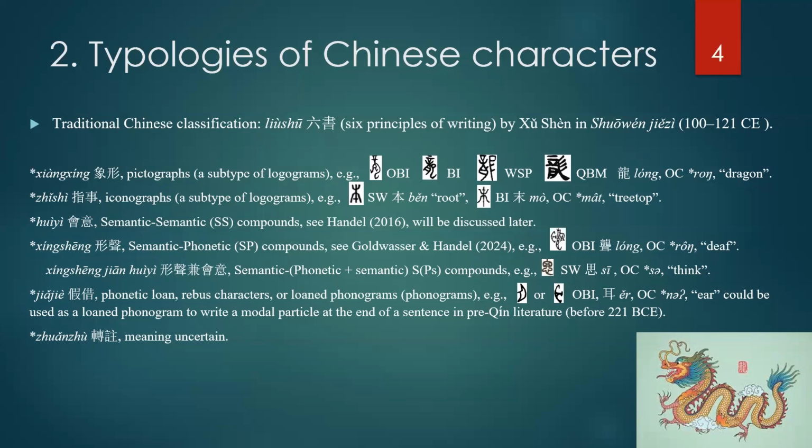In addition, we notice a special subtype of SP compounds, which we call SPs compounds. The small s indicates that the phonetic part also contains semantic meaning simultaneously. For example, the character for the word think is an SPs compound.